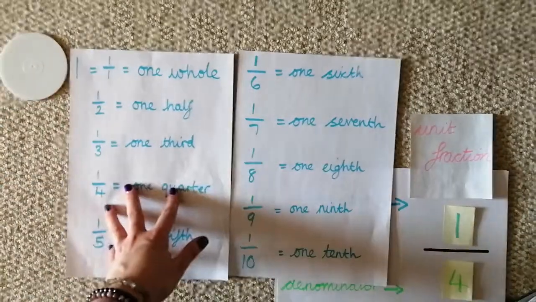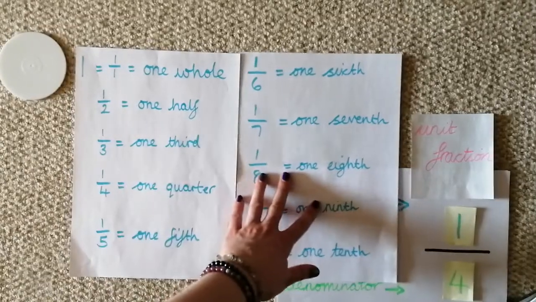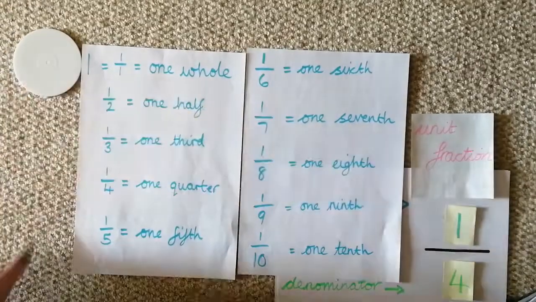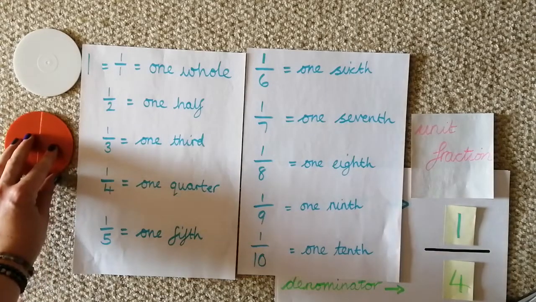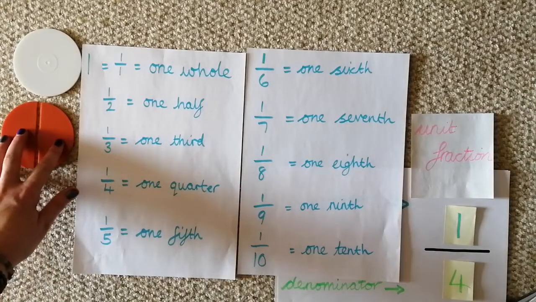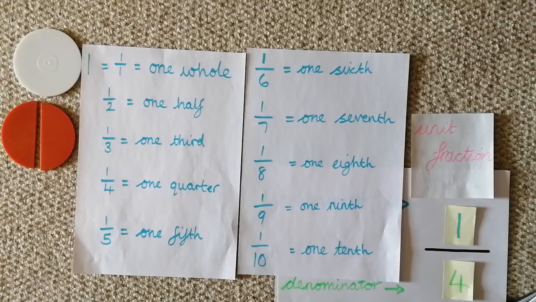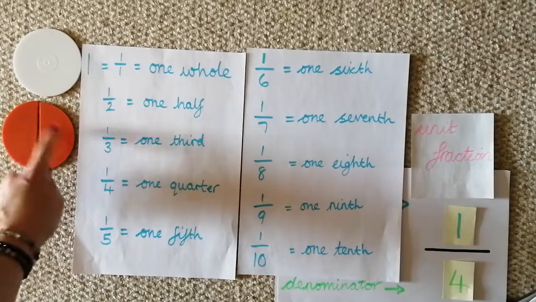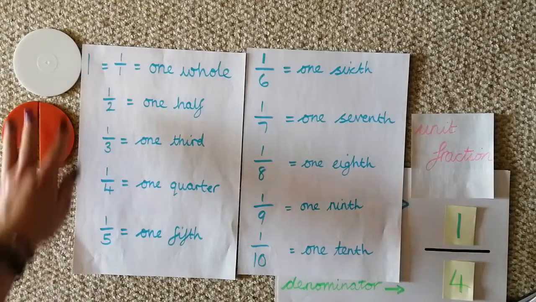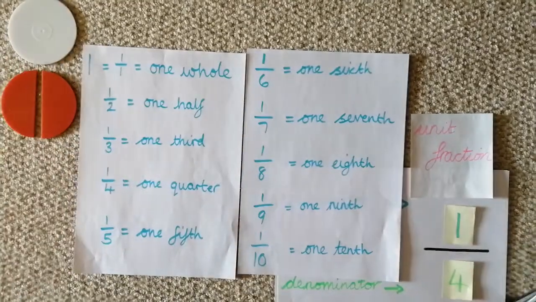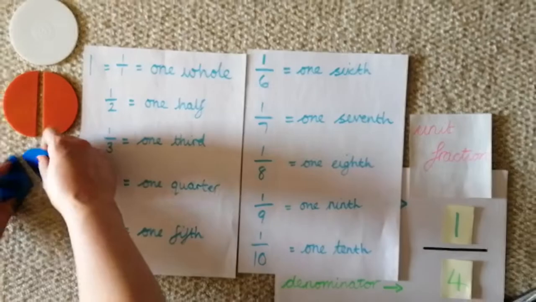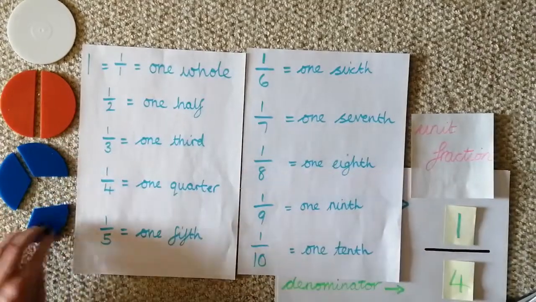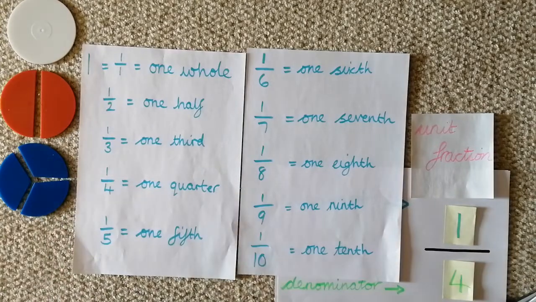And then when the denominator is broken into 2 pieces, and we've got 2 as a denominator, we don't call it twoths, but actually they're called halves. Each of these is called a half. And then when it's broken into 3 pieces, it's not threeths, it is thirds. Each part is a third.